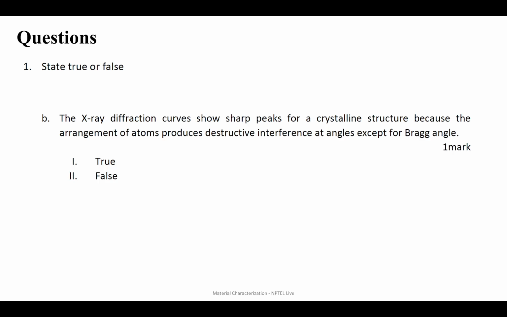The X-ray diffraction curve shows sharp peaks for a crystalline structure because the arrangement of atoms produces destructive interference at all angles except for the Bragg angle. True or false?